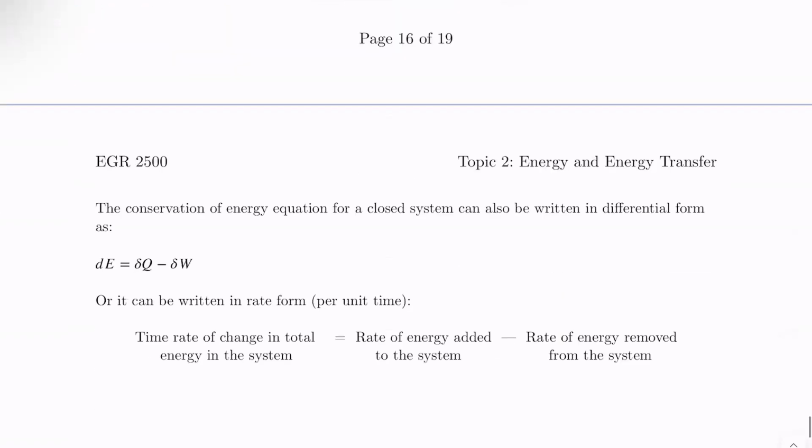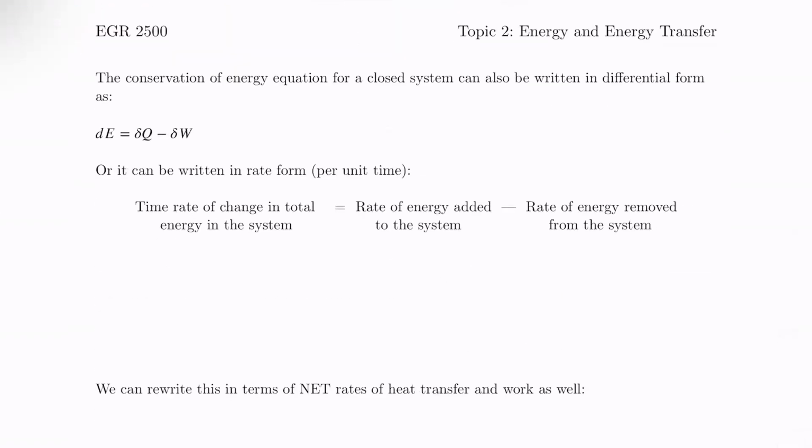Okay. The conservation of energy equation for a closed system can also be written in differential form. So we have a differential change in total energy is equal to delta Q minus delta W. Or it can also be written in rate form, so per unit time. So this first term here, the time rate of change in total energy in the system, we would write as dE dt. And this is just E dot in minus E dot out.